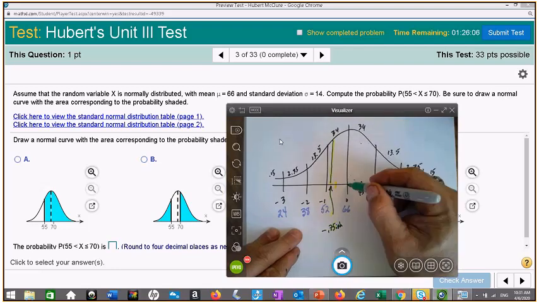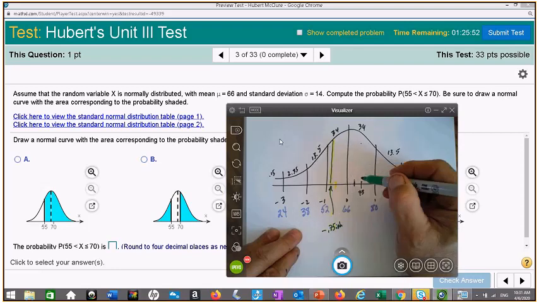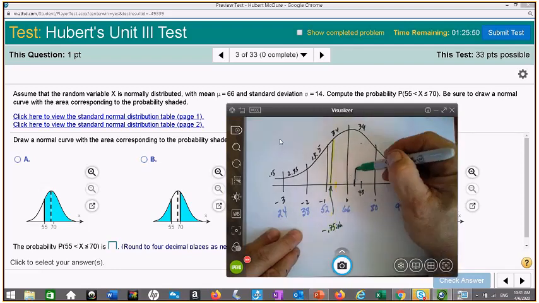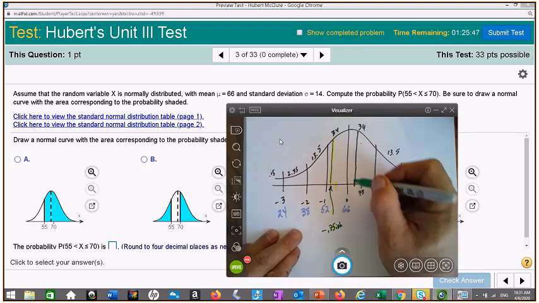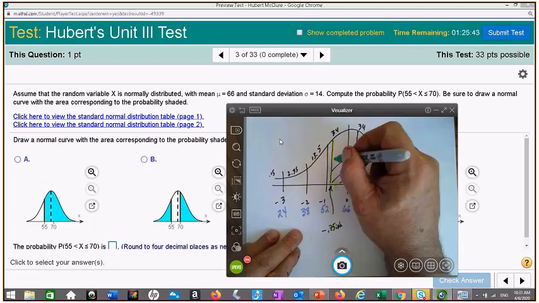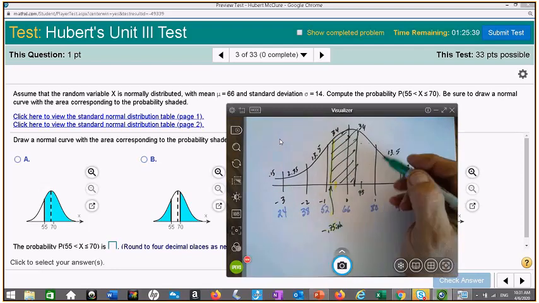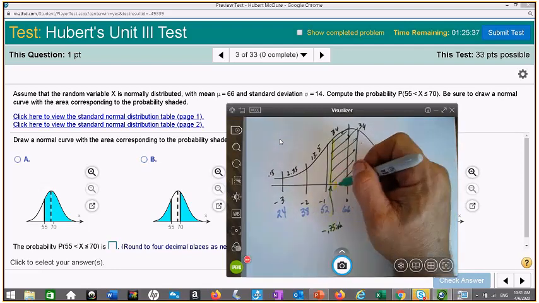So 66 to 70. If I take 73 and I minus 7, or 66 plus 7 would be what? Well, 3 would be 69 to 70-ish. 70-ish is right in here. So they want to know this area. Well, I think I used about a fourth here.